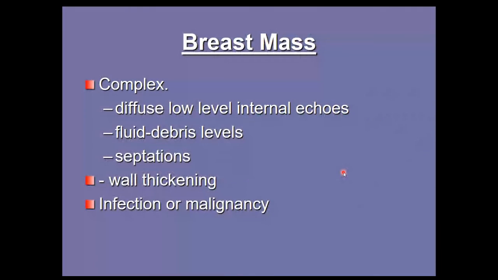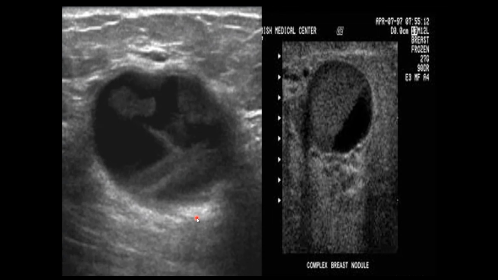Simple cyst. Breast masses may be complex also, and sometimes we can see different levels, internal echoes with debris level, septation, wall thickening, and causes may be infection, pregnancy. This mass can be an abscess.